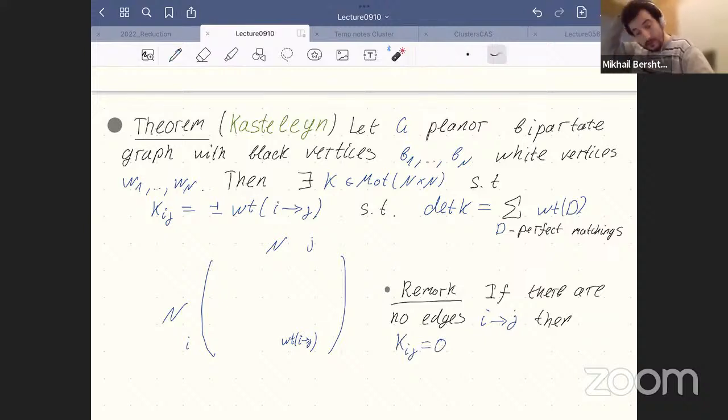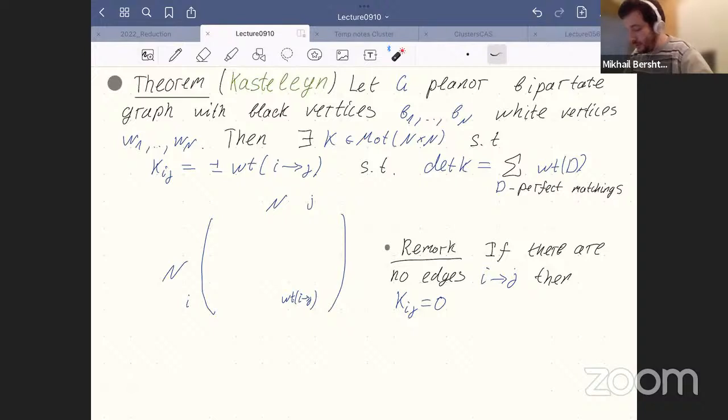And if there are several edges, then we take the summation of their weights and multiply by some sign.